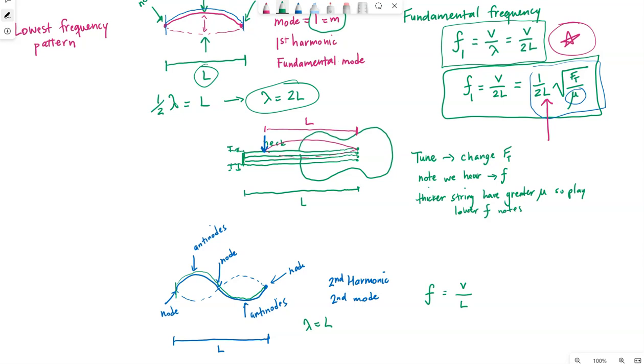We now have just v over L. This is twice that fundamental frequency. This is why they had to shake it back and forth or up and down twice as fast in order to get these two loops. And again, we call it the second harmonic or second mode. We're going to use this m value of 2.